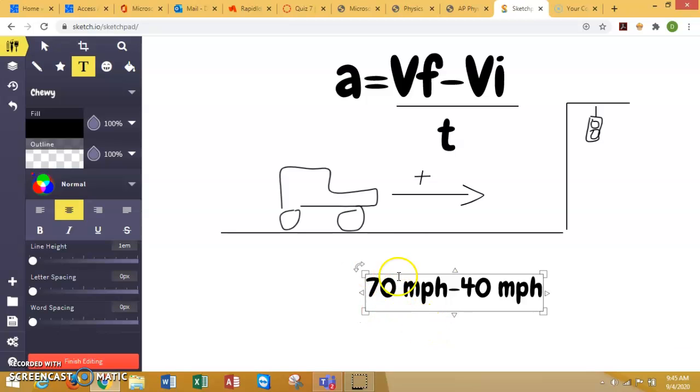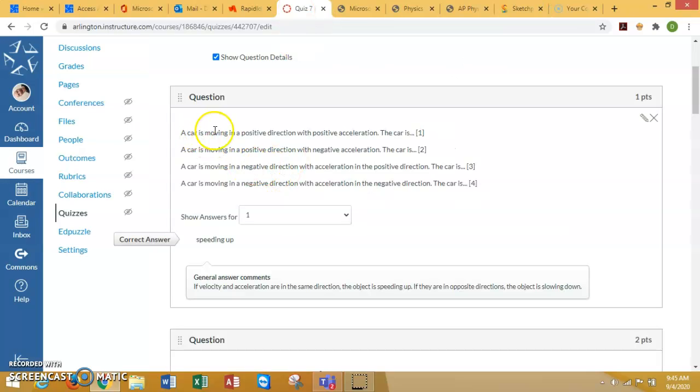This is a positive final speed and this is a positive initial speed. Both velocities are going to the right, and then you subtract them. That's where the little minus sign comes from. So I should get a positive answer. For this first question, the car is moving to the right and the acceleration is positive. Yes, that's speeding up.